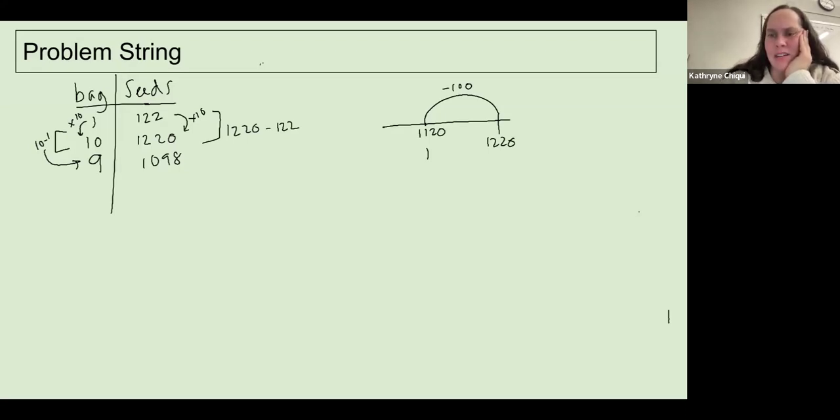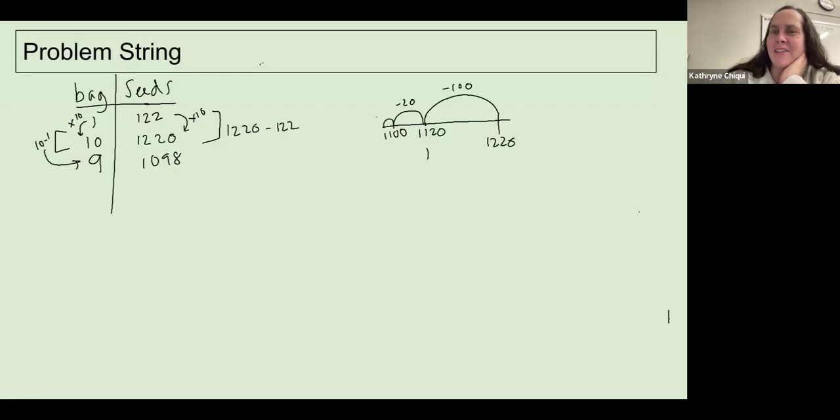I've subtracted 100. Oh, Luell says, okay, subtract another 20. So if I'm at 1,120 and I subtract 20, would I be at 1,100?